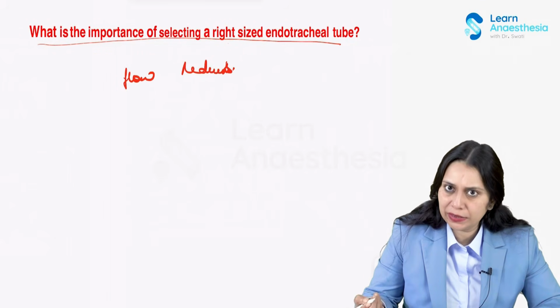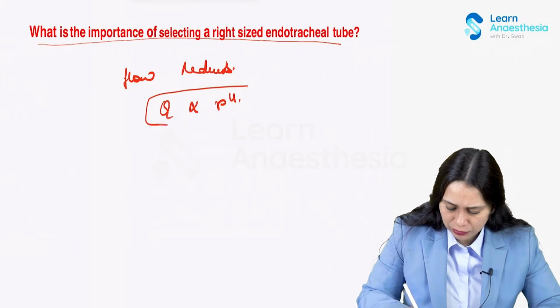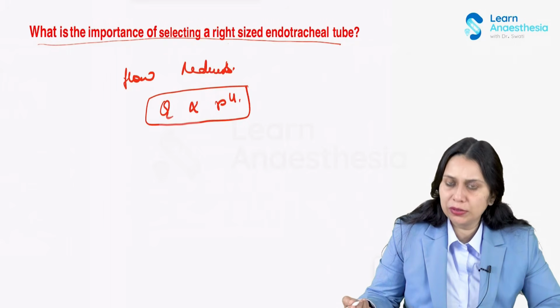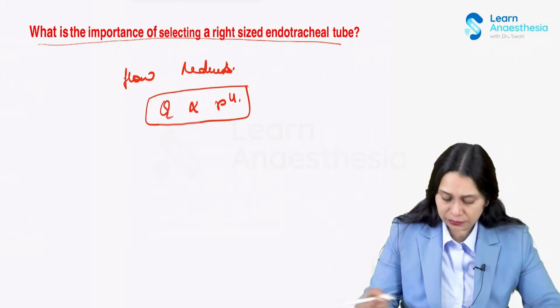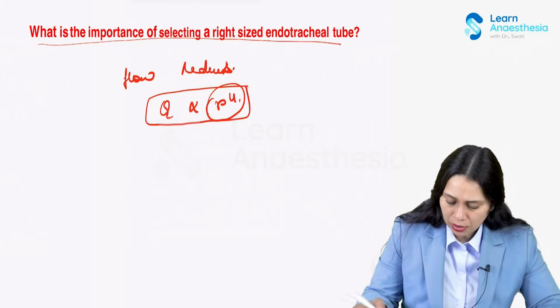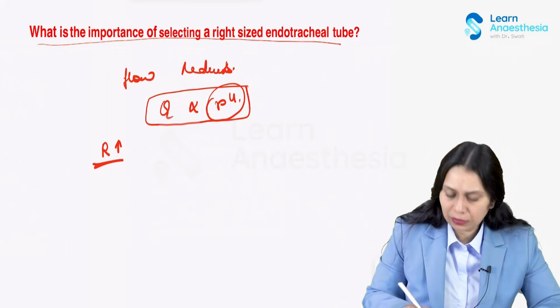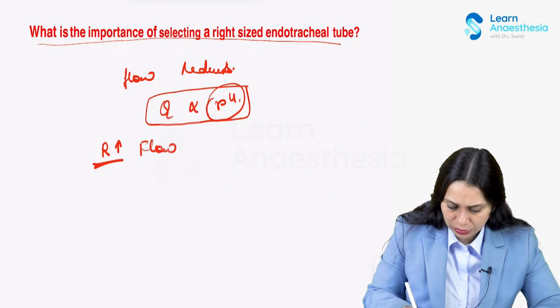The flow is directly proportional to the radius power of 4 when the flow is laminar. So what happens is the resistance would increase. If the resistance increases, the flow would decrease.